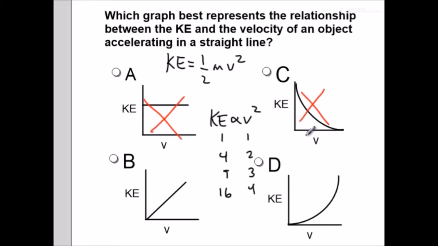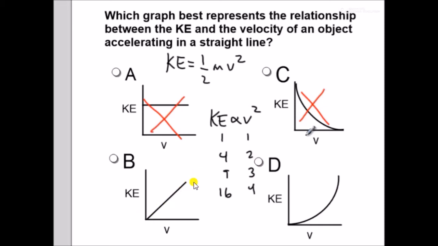Now we are left with option B and option D. In both the options, we can see that as the velocity is increasing, there is an increase in the kinetic energy.